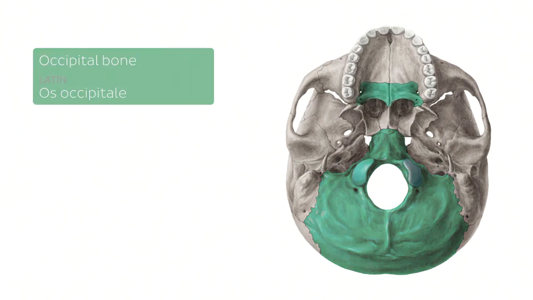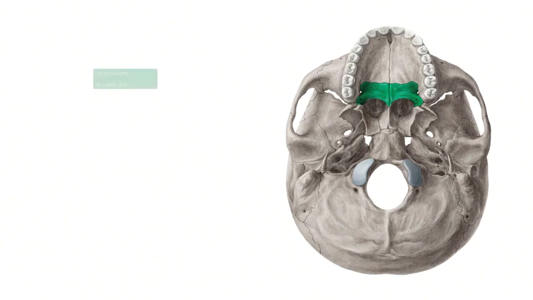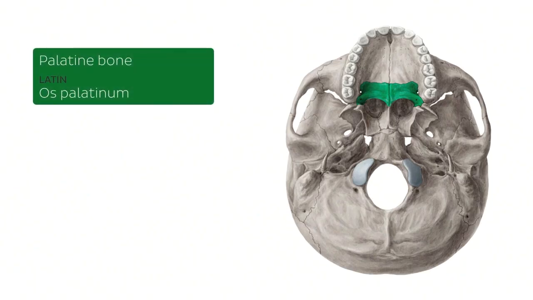Next one is this bone here. This is known as the palatine bone. This is a paired L-shaped bone that forms part of the nasal cavity and the hard palate. It is located between the maxilla and the sphenoid. The palatine bone consists of different parts, including the horizontal plate, which forms the posterior portion of the hard palate of the oral cavity.